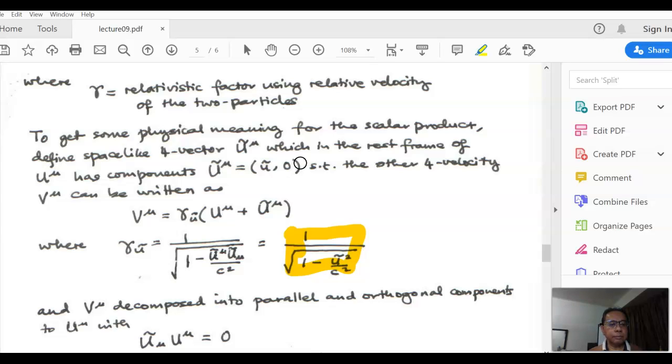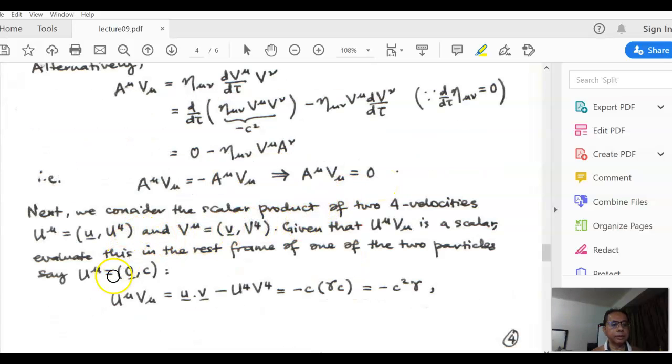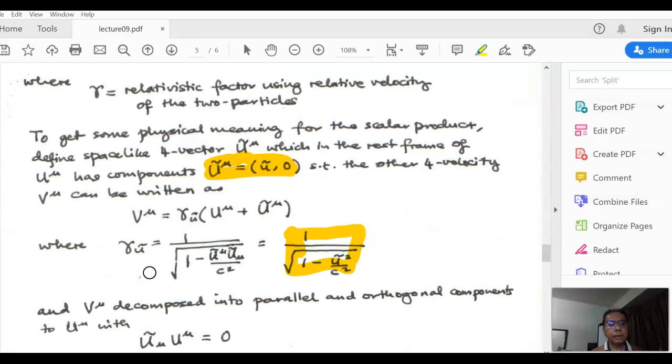How can we actually describe this in much more detail? Let's consider this U tilde mu. U tilde mu here essentially is a 4-vector which is orthogonal to U mu. You remember that U mu earlier is supposed to be (c, 0), and then you take the inner product with U tilde mu, you'll find that this is going to be 0.